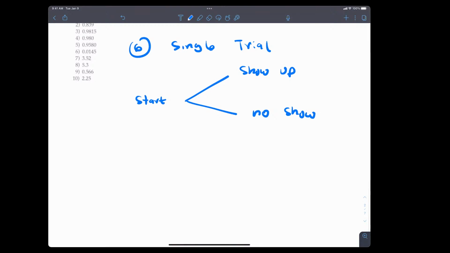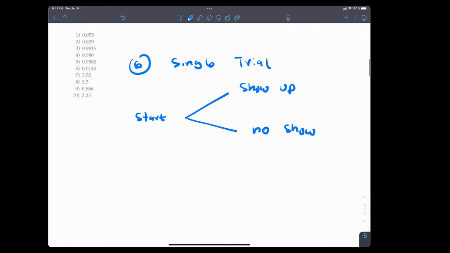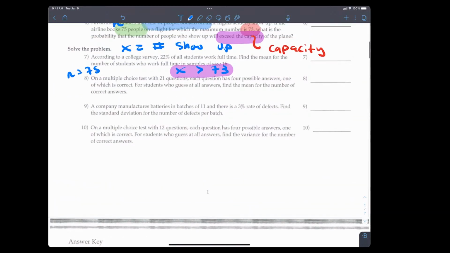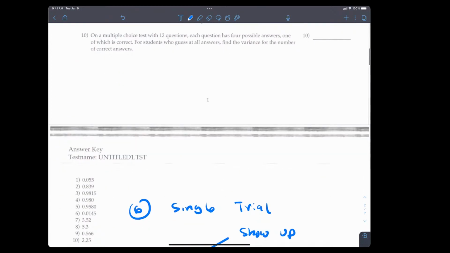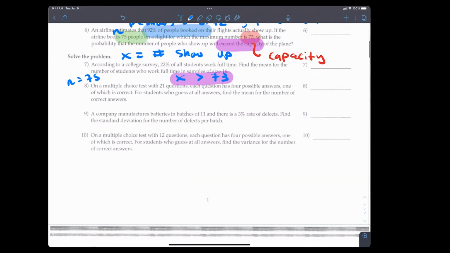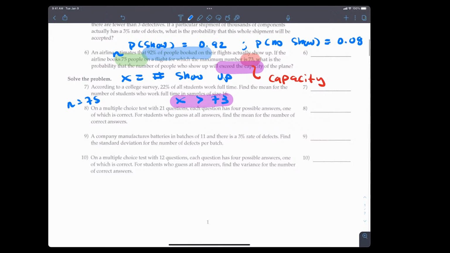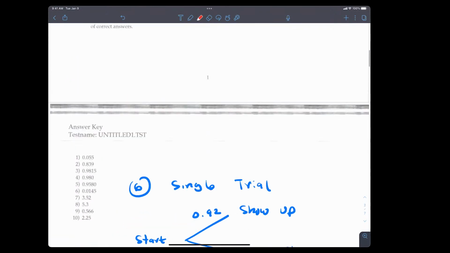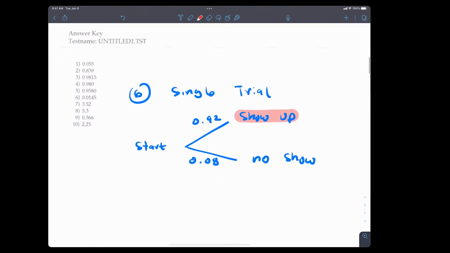Now, what did they say for number 6? Probability of showing up is 92% of the time, so 0.92. Probability you don't show, the complement, is 8%. What's our success? Showing up. That means this is little p.